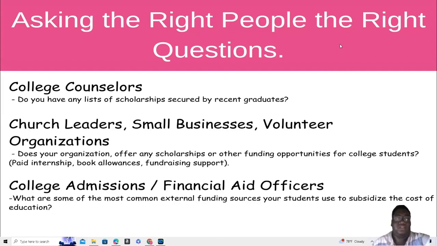Lastly, for college admission or financial aid officers, you can ask what are some of the most common external funding sources your students use to subsidize the cost of education. This will give you insight of what the college students in the institution that you would like to go to use for financial responsibility.